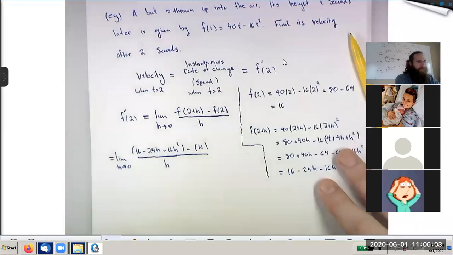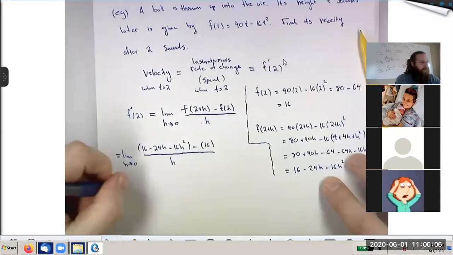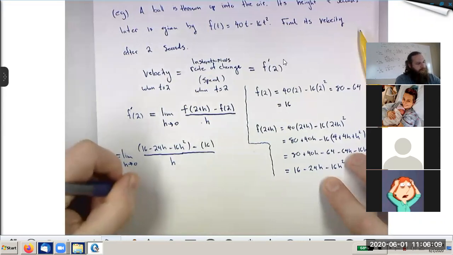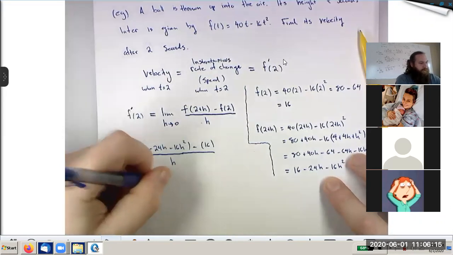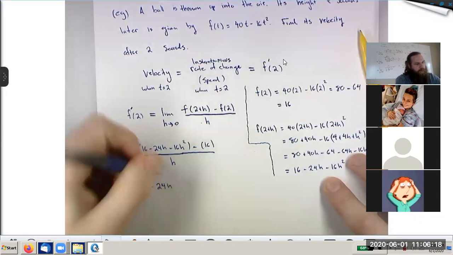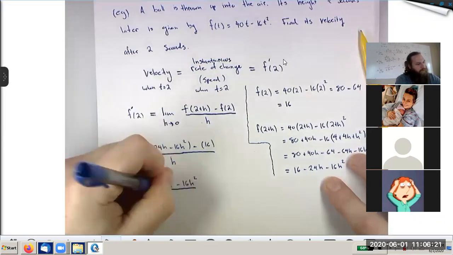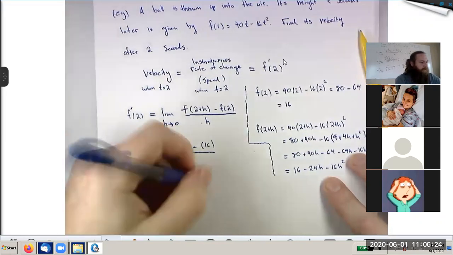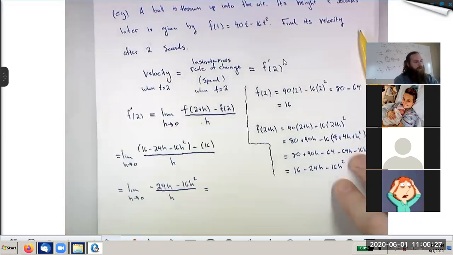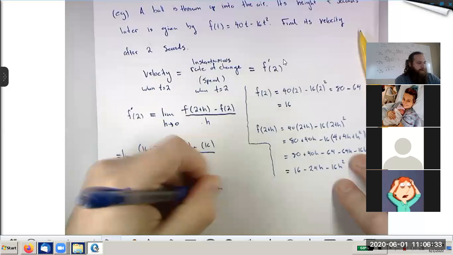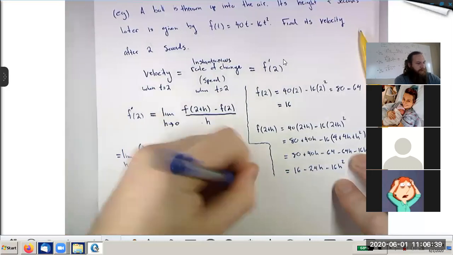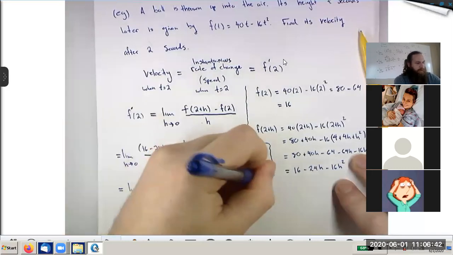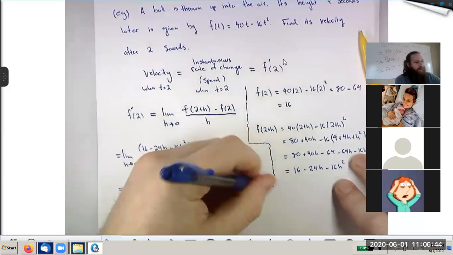Now this limit isn't so bad because we already did all this simplification on the side. This is the limit as h goes to 0. 16 minus 16, those go away, of minus 24h minus 16h squared all over h. And you can factor an h out from the top there. So when I factor an h from the numerator, I get the limit as h goes to 0. Upstairs here I'll have h times negative 24 minus 16h, all over h.